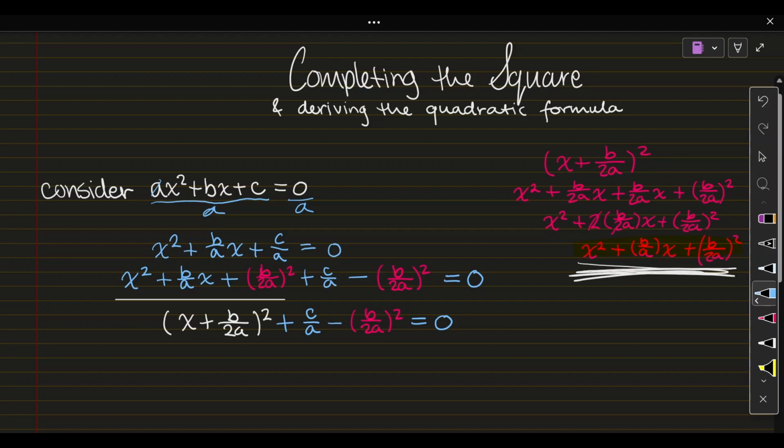And notice that this is just a number. We'll show you that in a computation example. And this is a perfect square. So that's why we say completing the square, because we're completing a perfect square.